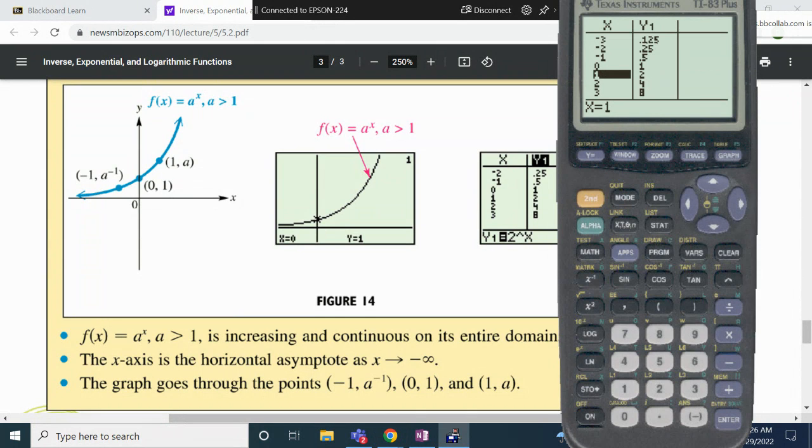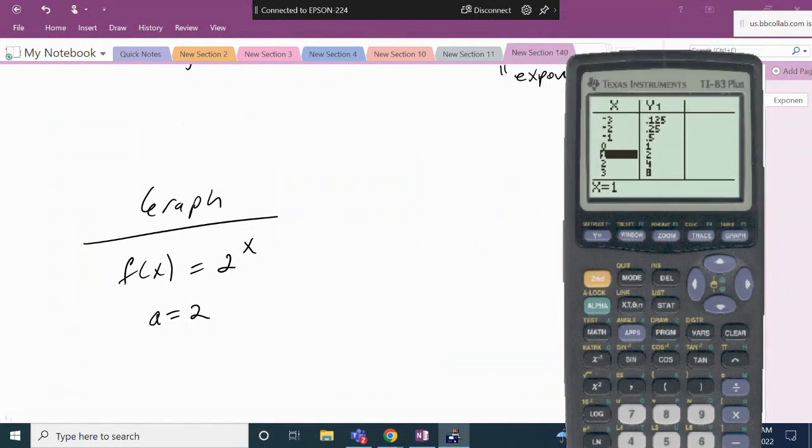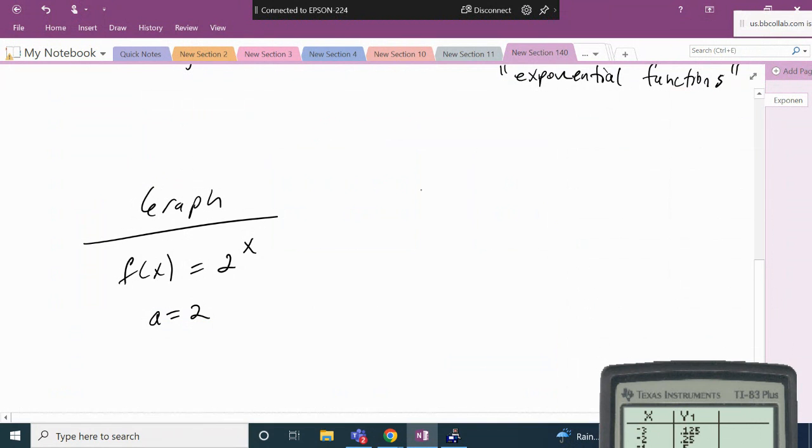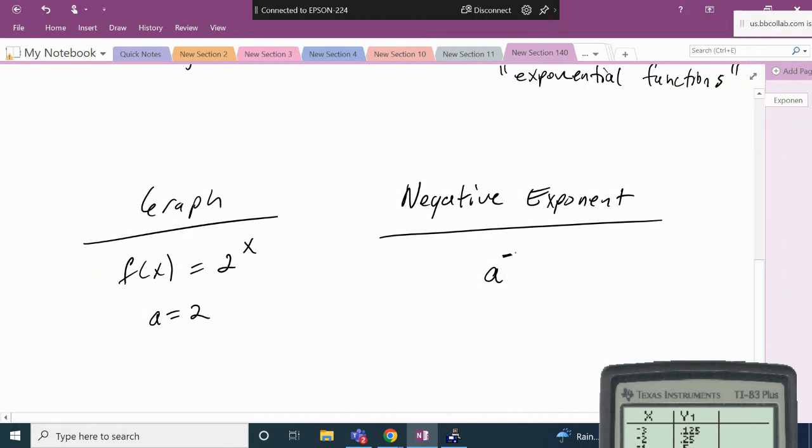Now, just to make sure everyone is clear on these negative exponents, because we will deal with negative exponents. Here is a negative exponent rule. It says that a to the negative n is equal to 1 over a to the positive n.